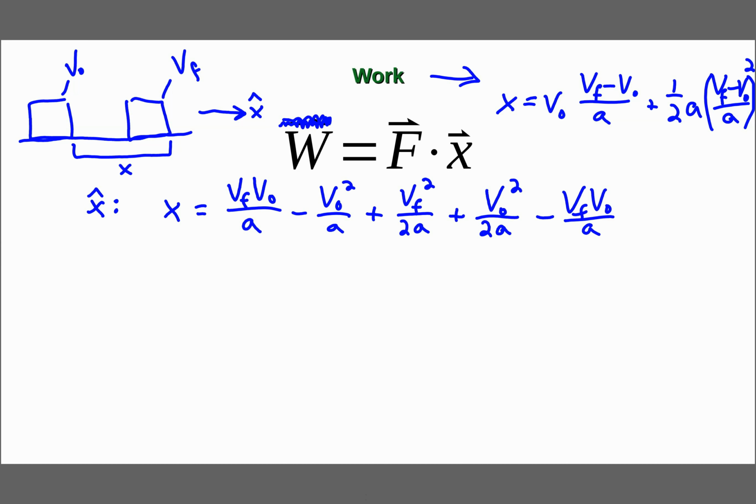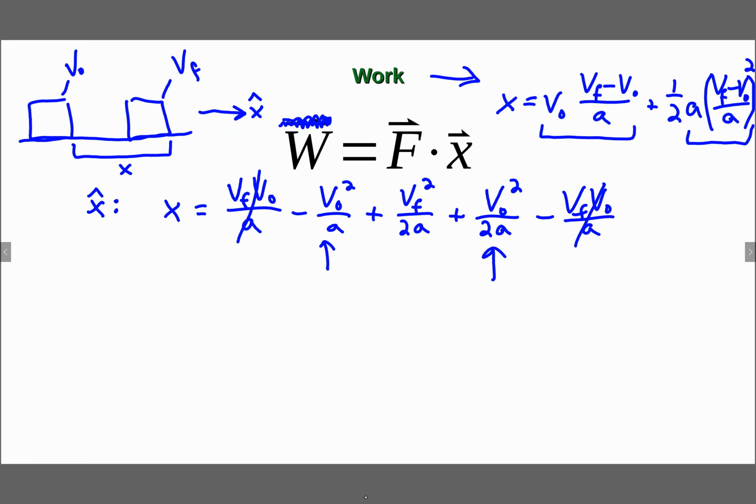All we did is expand this, and this. And we have all these terms. We notice that we have a plus vf v naught over a here and a minus vf v naught over a here, which means that these two terms will cancel. We have a minus v naught squared over a here and a plus 1/2 v naught squared over a here.